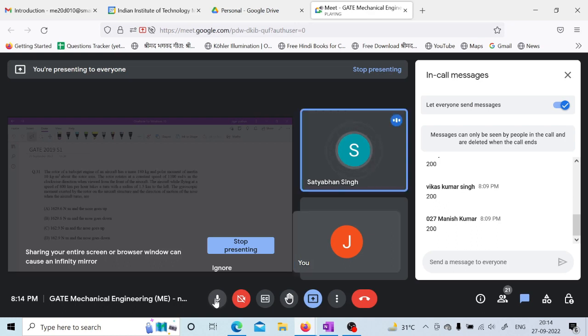Then sir, what is the need of giving mass? Actually, there is a difference that we will discuss, but for now you can consider this I as 10 kg meter square.